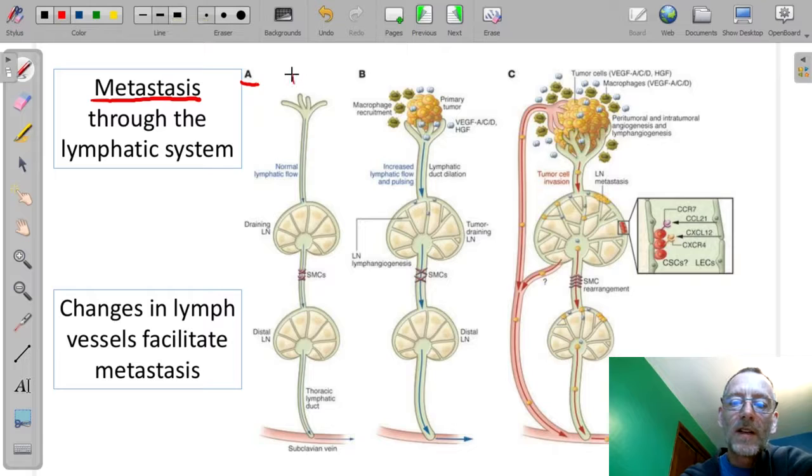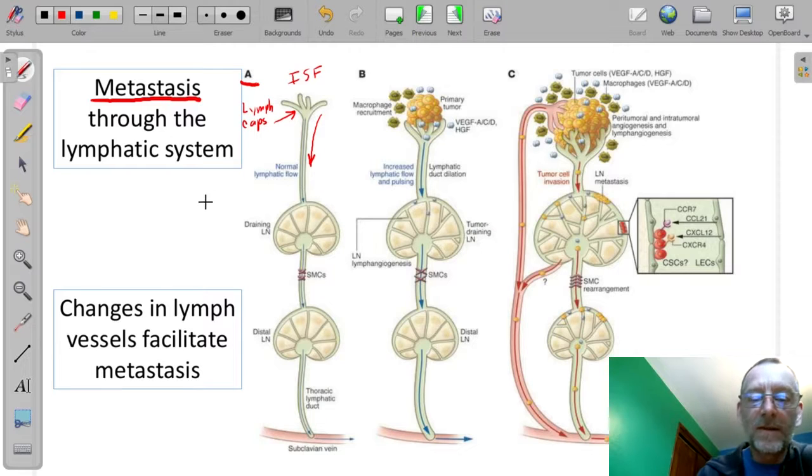So out here is the ISF, and these are lymphatic capillaries that we were looking at before. I'll just abbreviate lymph caps. And the lymph fluid normally flows through the lymph vessels, flows through the lymph node, and in the lymph node, again, there are leukocytes.